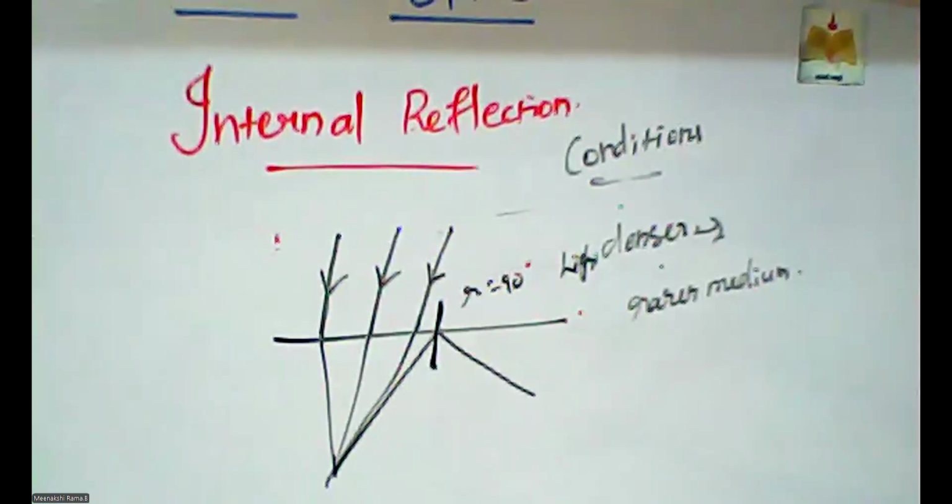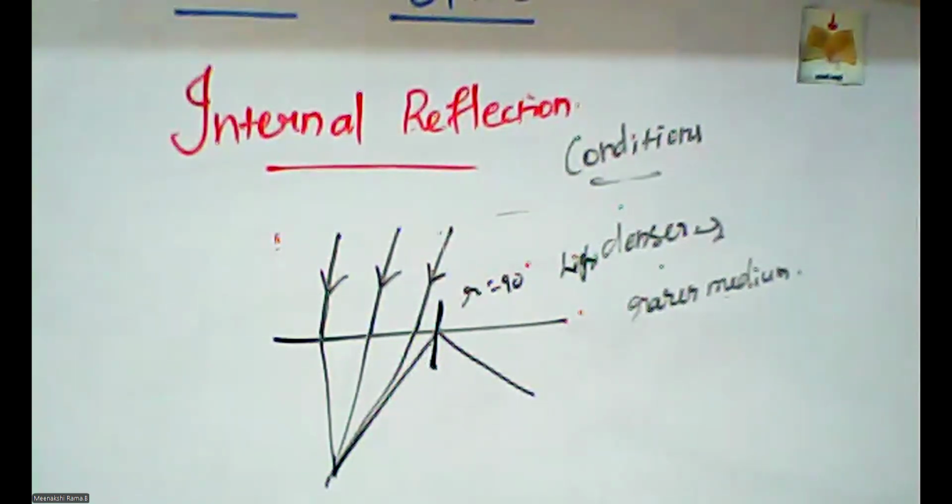So the light bends away from the normal and internal reflection occurs.